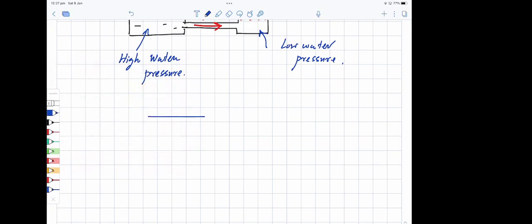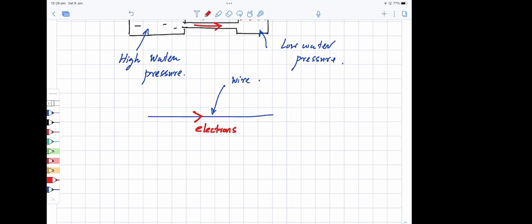Now suppose there is a wire here. Current is flowing in this direction. Forget about current, electrons are flowing in this direction.